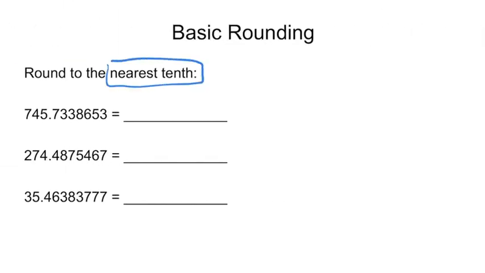Again, rounding to the nearest tenth value, I'm going to want to round this number immediately after the decimal, looking at the number following. So this would be 745.7. I'm going to look at this 8, so 274.5. And I'm going to look at this 6, so that would be 35.5.